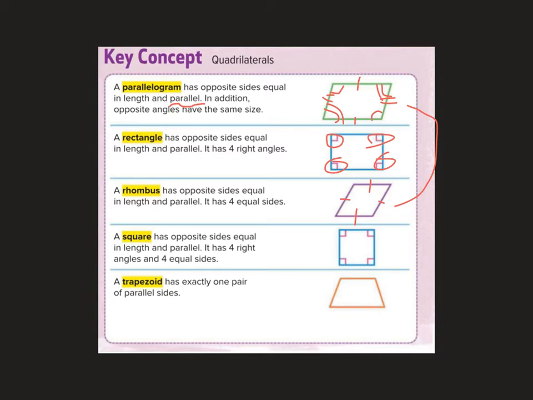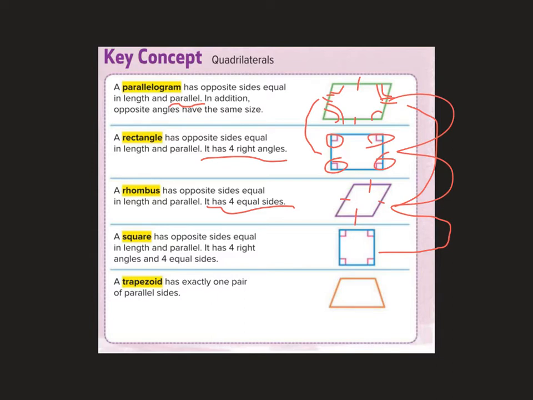So a rhombus follows parallelogram's rules, and it has to have 4 equal sides. A rectangle follows parallelogram's rules and has 4 right angles. And a square has to follow all of the rules. A square has to have 4 right angles, 4 equal sides, and opposite sides that are equal and parallel.